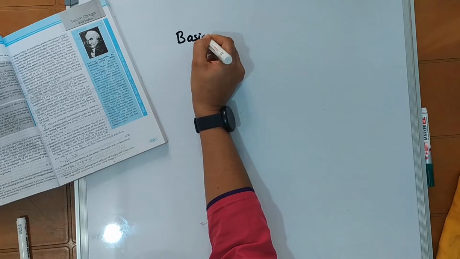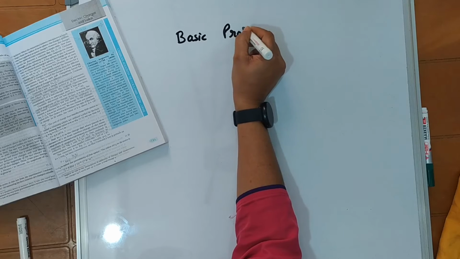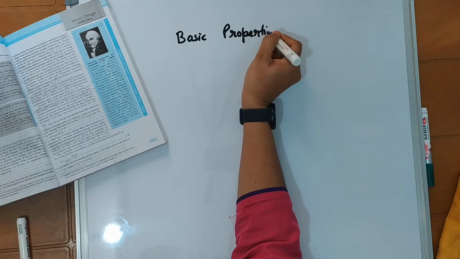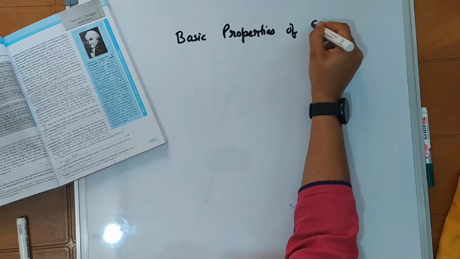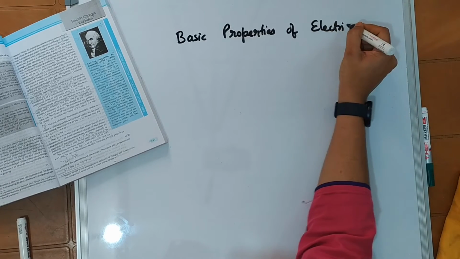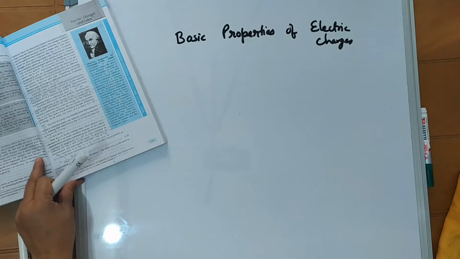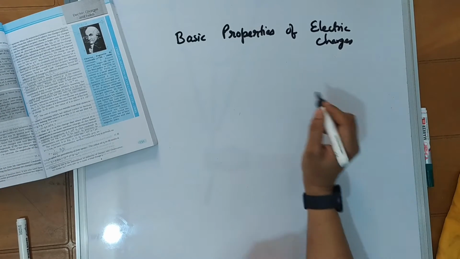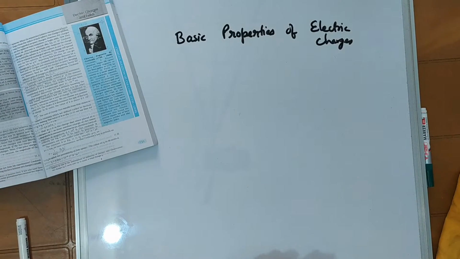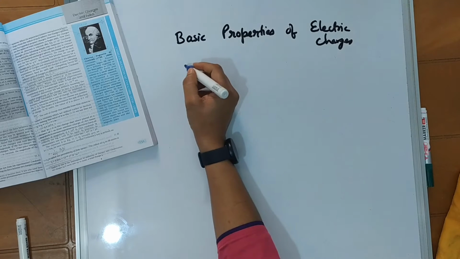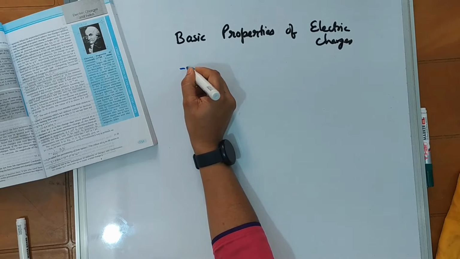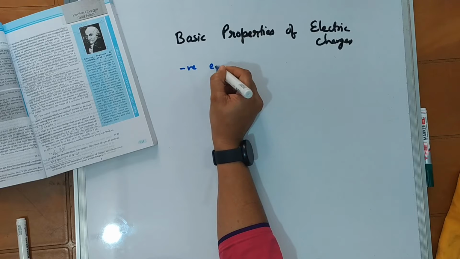So what are the basic properties of electric charges? Friends, by this time we have understood that there are two types of electric charges, plus and minus, which were coined by Benjamin Franklin. The negative charge or negatively charged bodies are actually electrons.